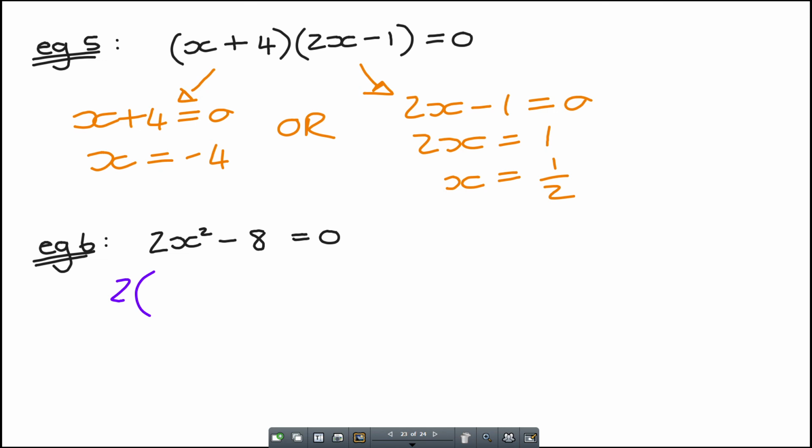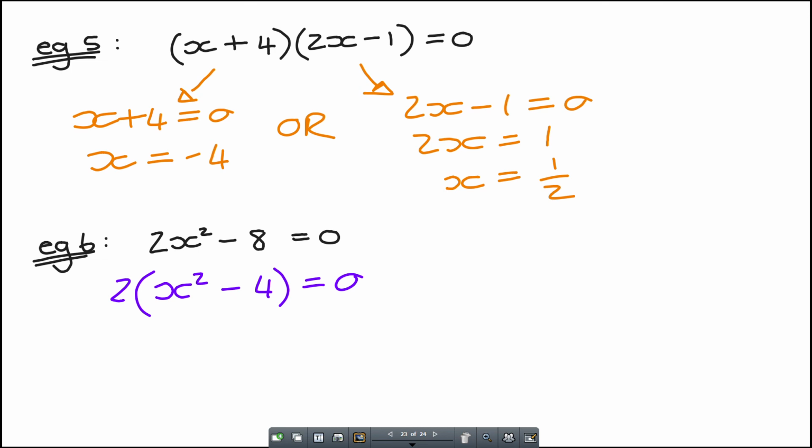Everyone wants to concentrate and listen. So then I will have x squared minus 4. Remember, you've got to divide it by that 2. So who's not with me up until there? Everyone good? Are we done factorizing?